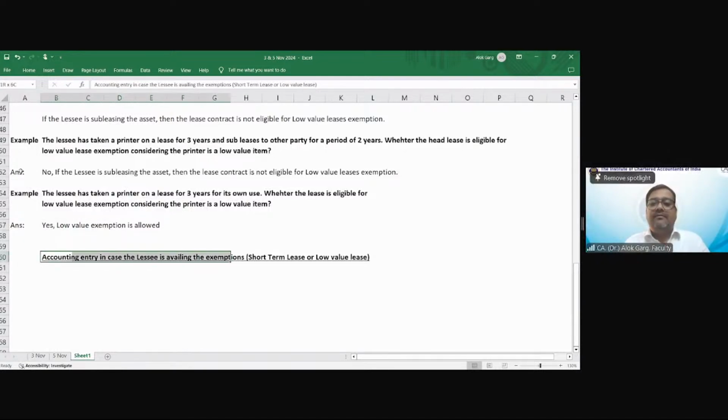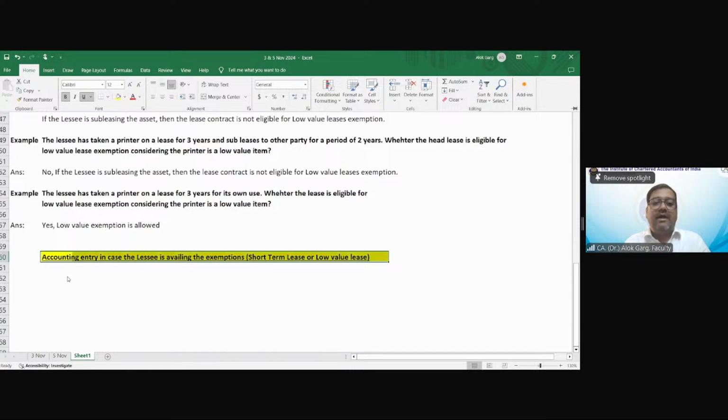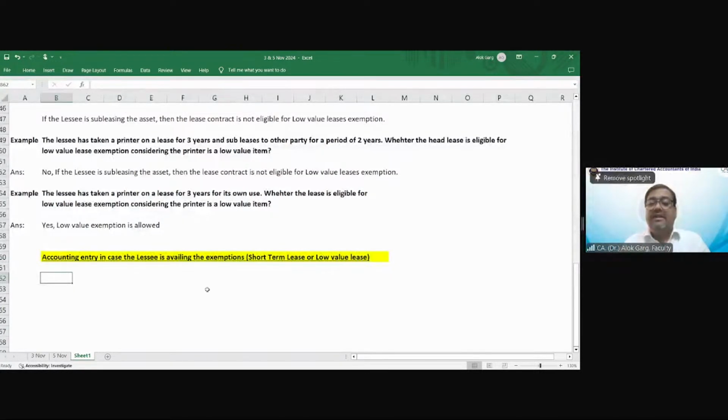Accounting entry, tell me now what the accounting entry will be. What is the accounting entry in case the lessee is availing the exemption? ROU to lease liability? No ROU, sir. Then what is the accounting? On the basis of SLM or another systematic basis, we will charge it to P&L.